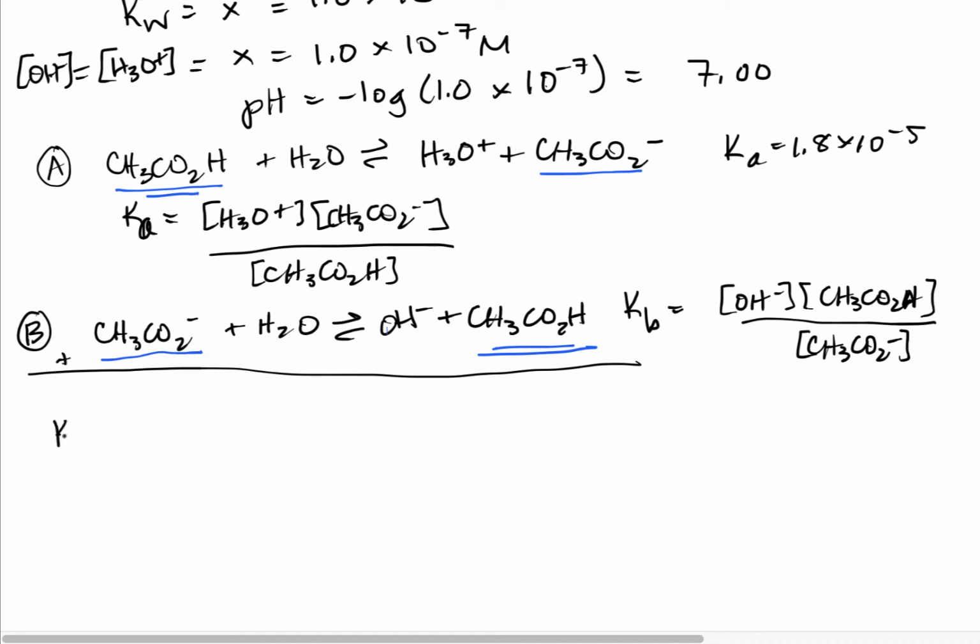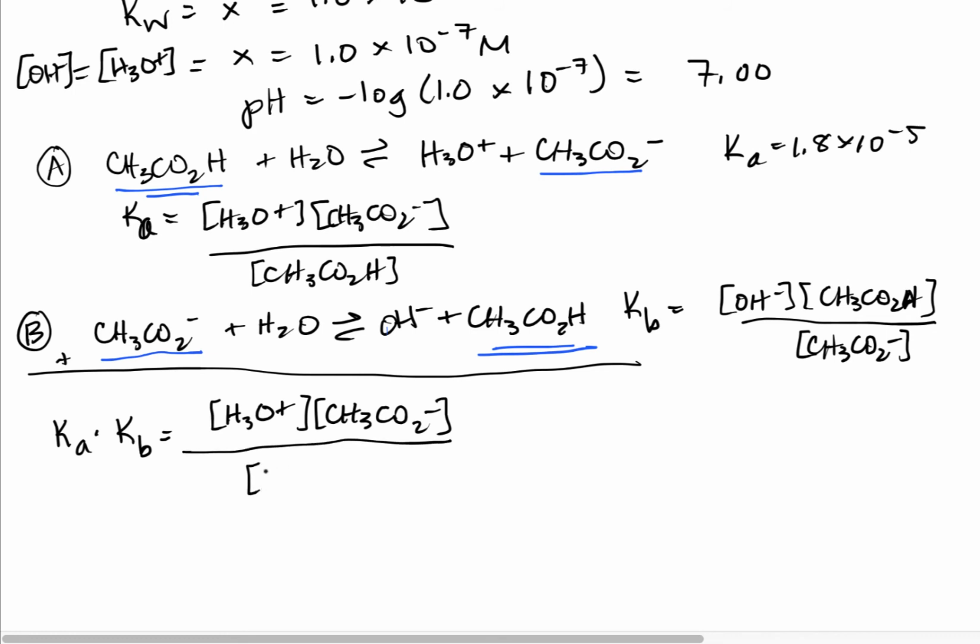And if we multiply the Ka times the Kb expressions, we also will notice that those same parts will cancel out, because these two reactions, the acid ionization reaction, or dissociation reaction, excuse me, and the base hydrolysis reaction, when it's for the same acid-base combination, they are just the reverse reactions for each other.